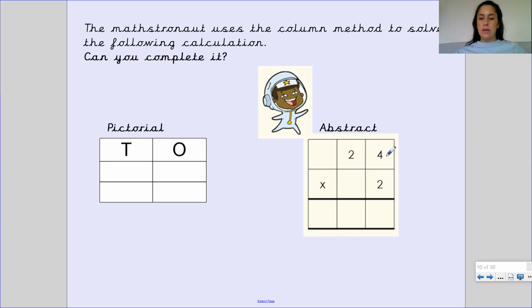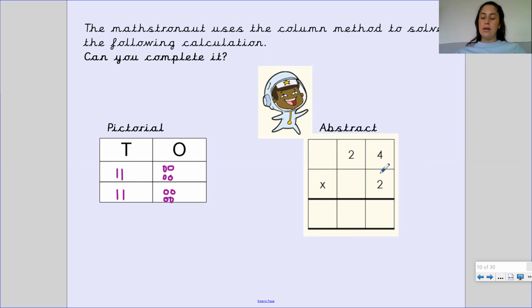So we would be repeating the number 24 because there are 2 lots of 24. 1, 2, 3, 4, and then 2 tens to represent 20, and another lot of 24, and then 2 tens to represent 20. So now I've got my 2 lots of 24.